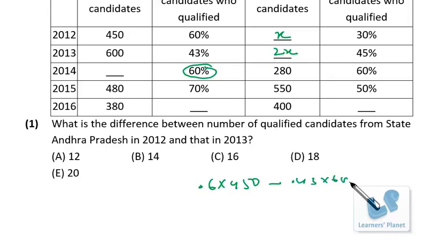We can make the calculation simple. If I remove the dot and these two zeros, it is 45 into 6 minus 43 into 6. Taking 6 as common, inside the bracket you get 2. So 6 into 2, 12 will be the answer. That's pretty simple to solve. I hope you are clear.